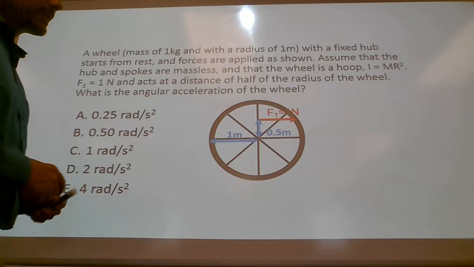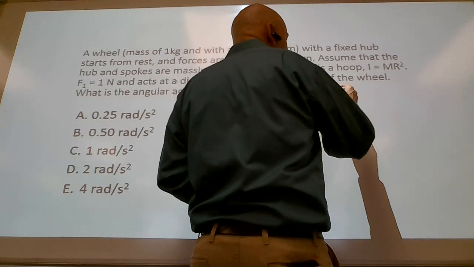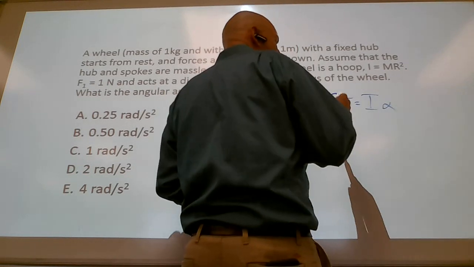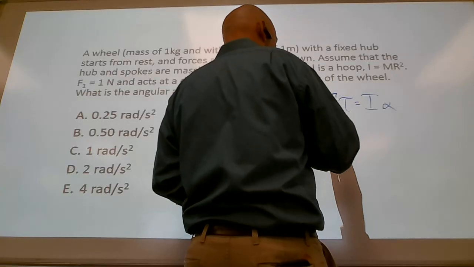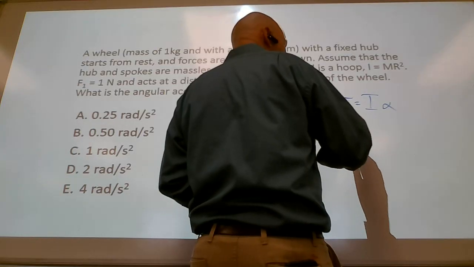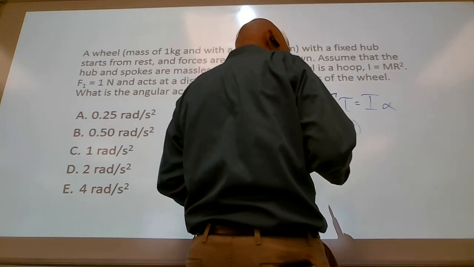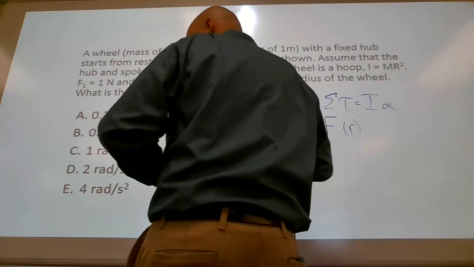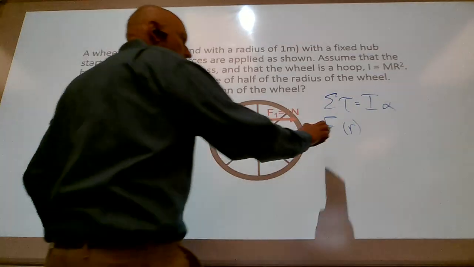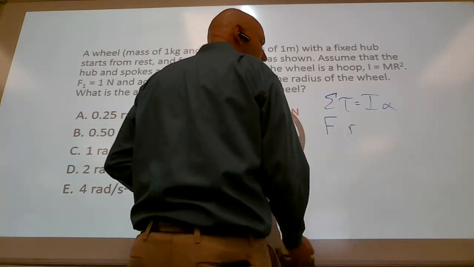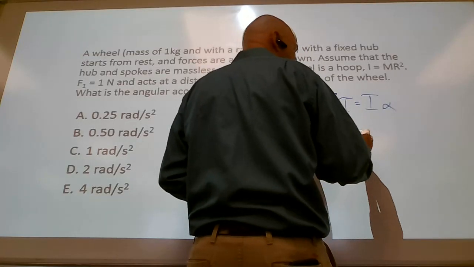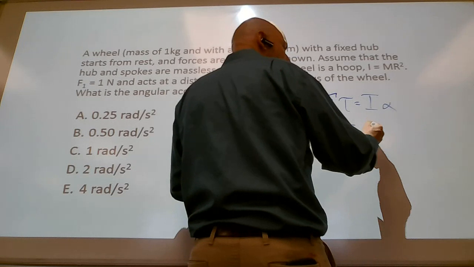Okay, so here the net torque is equal to I alpha. Watch this. Remember to multiply by the radius. Just the perpendicular radius. This right here is a really popular error, forgetting to multiply by the radius.